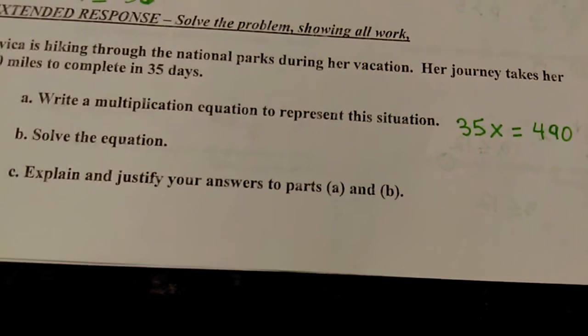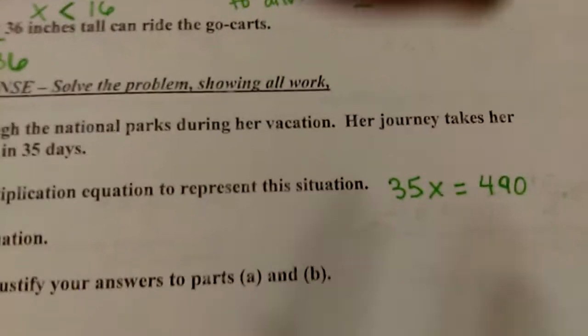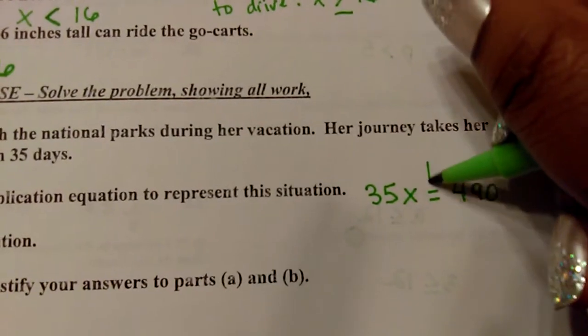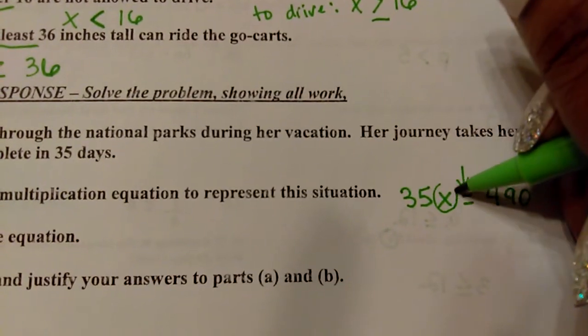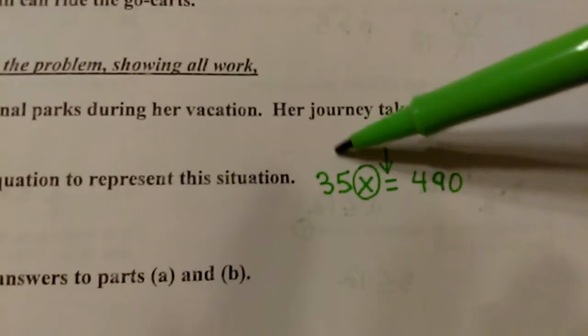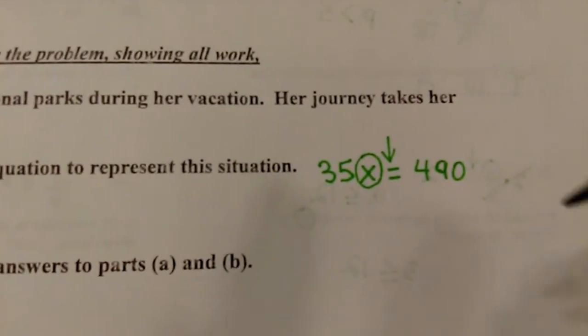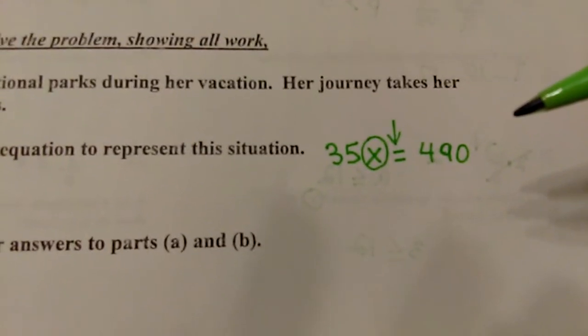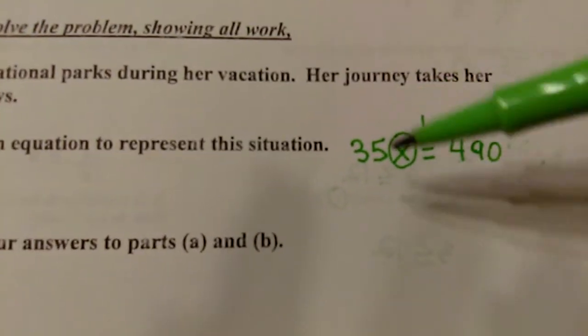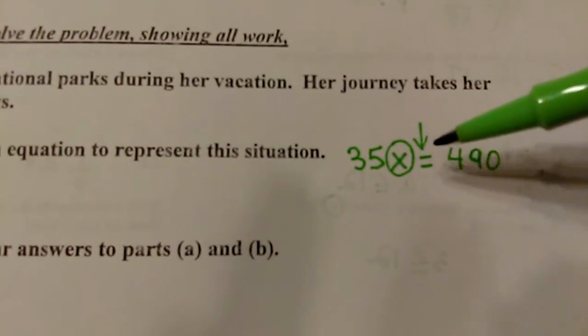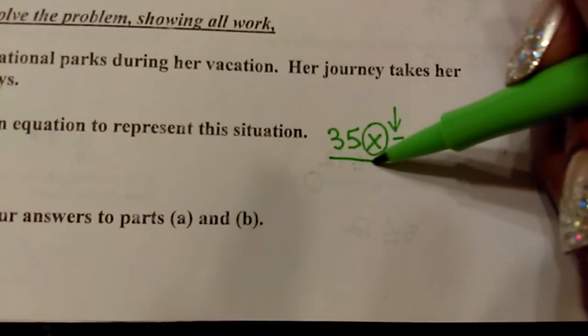So we are going to point out our scale. Then we're going to circle our variable and ask ourselves what's going on with that variable. That variable is being multiplied by 35. So the inverse operation of multiplying by 35 will be to divide by 35. And remember that scale, we have to divide by 35 on both sides.